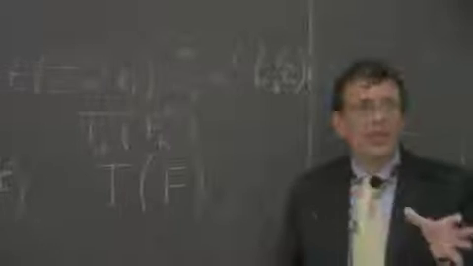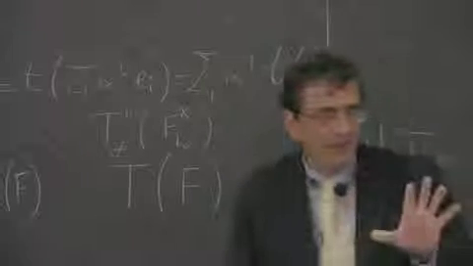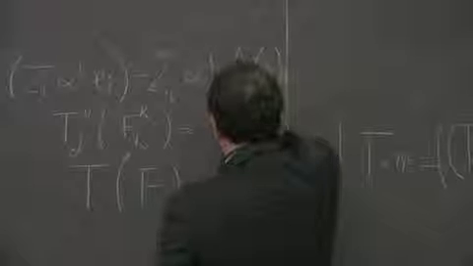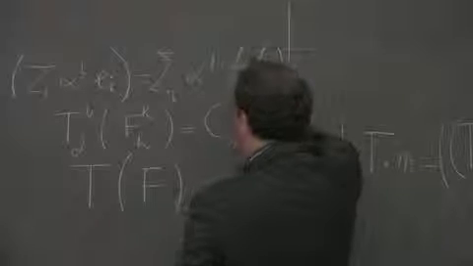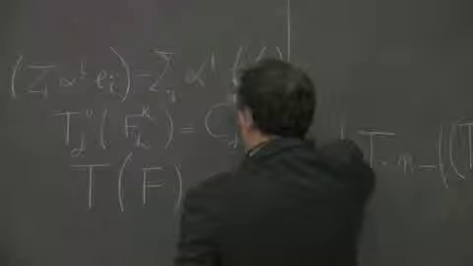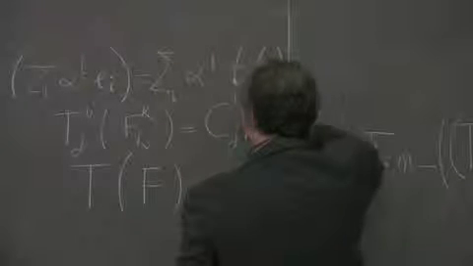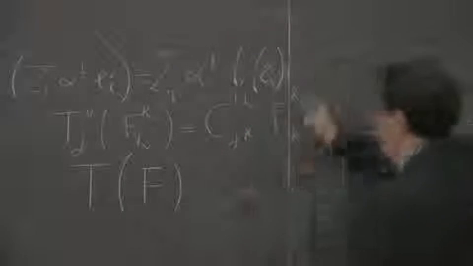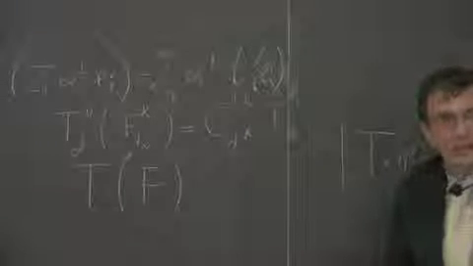For the moment, I'm not distinguishing between Lagrangian and Eulerian indices, which will make the story even more complicated. So this is equal to C_ijhk F_kh, summation over h and k.